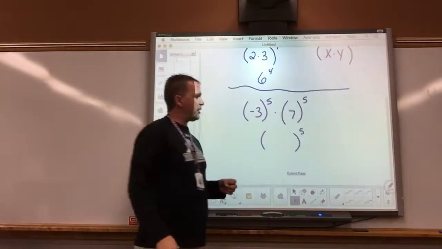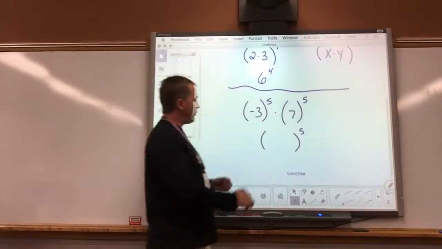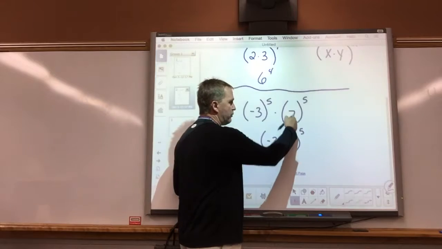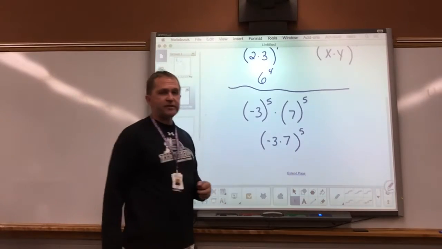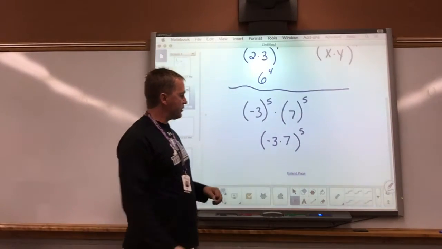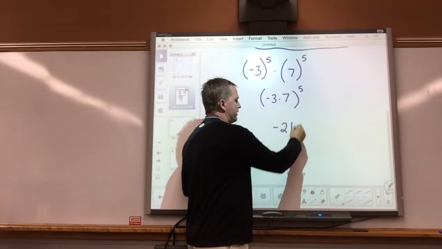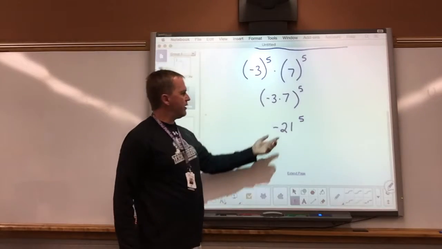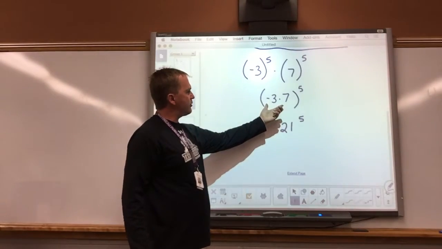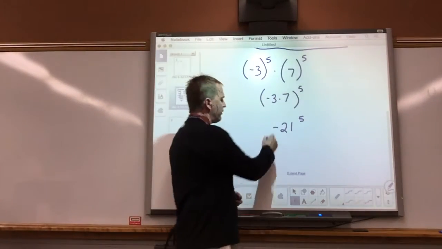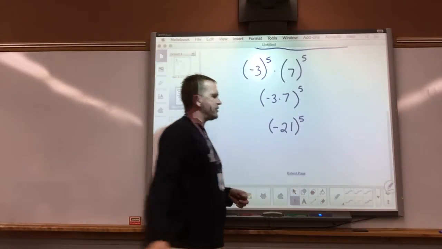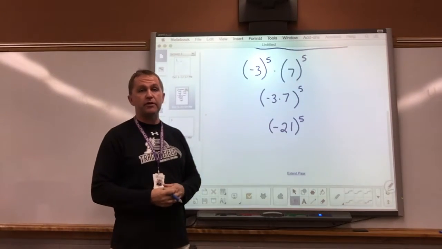So I'm going to pull that common exponent of 5 out, and I'm left with the base of -3 that needs to be multiplied by the base of 7. That turns out to be -21. I would make sure when I wrote this that I didn't just write -21 to the 5th power, but because the answer was -21 and I want all of that to the 5th, I would put parentheses around it so that the negative got included as well.